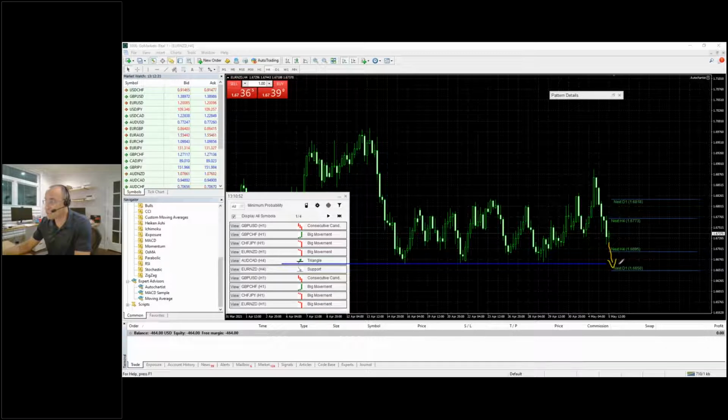The second way is to set a sell stop position at that level, waiting for a breakout, and then short. And the third way is to set a buy limit order at this level, expecting a bounce, right?